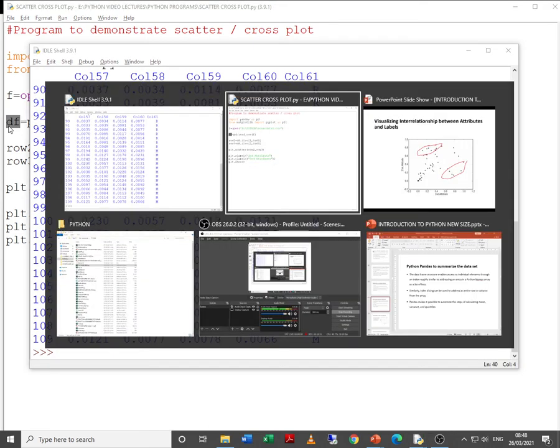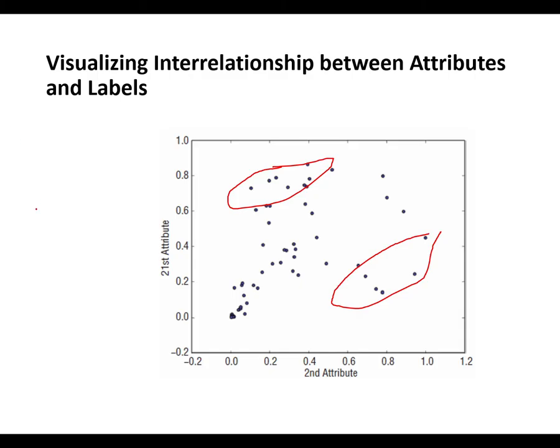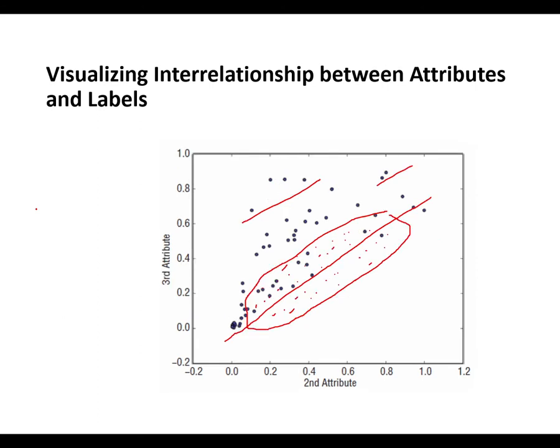What we basically want to do is cross plot or scatter plot the values of two columns. That means if this is a point on the graph, it will have some x coordinate and some y coordinate.